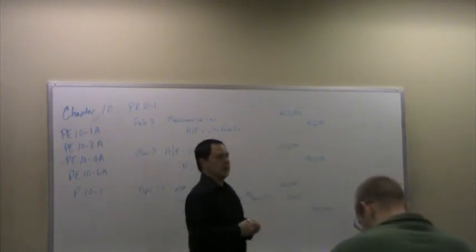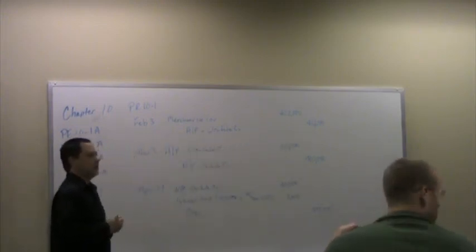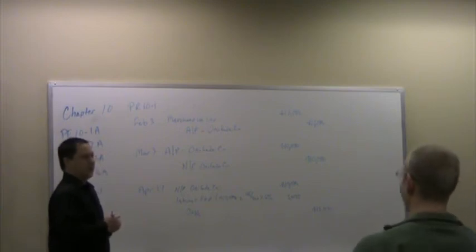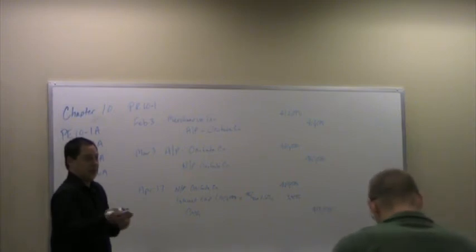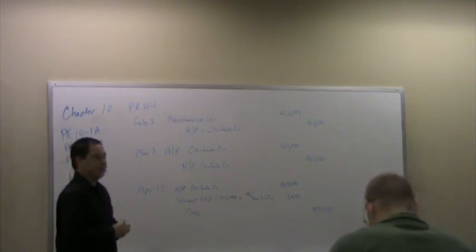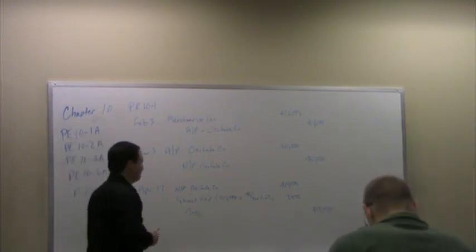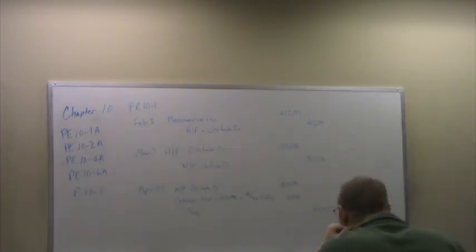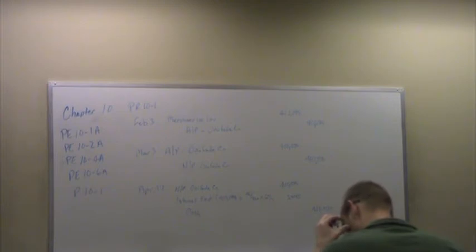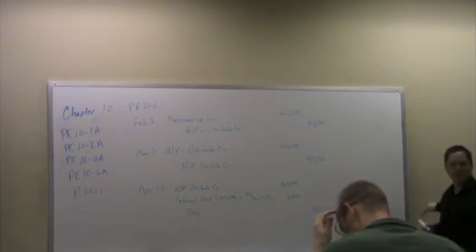In the real world, it would be 365, but they want to make it easier on us to figure things out, because 365 gives you a lot of numbers. Yeah, all the homework looks like it's 360.